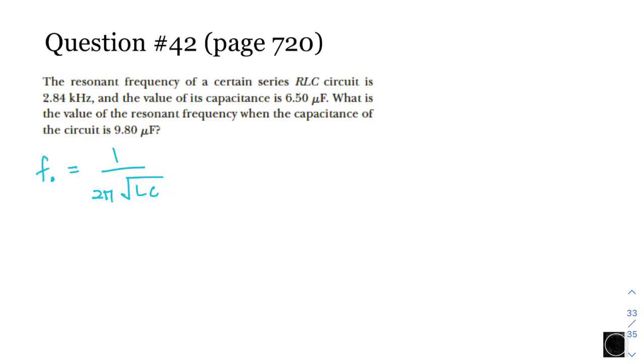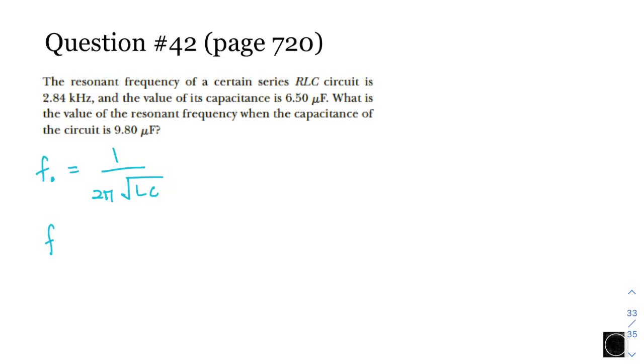So we have 2.84 kilohertz and the capacitance 6.5 microfarad. Whenever we use a second capacitor, 9.8 microfarad, what will be the frequency? So we need to do the ratio.